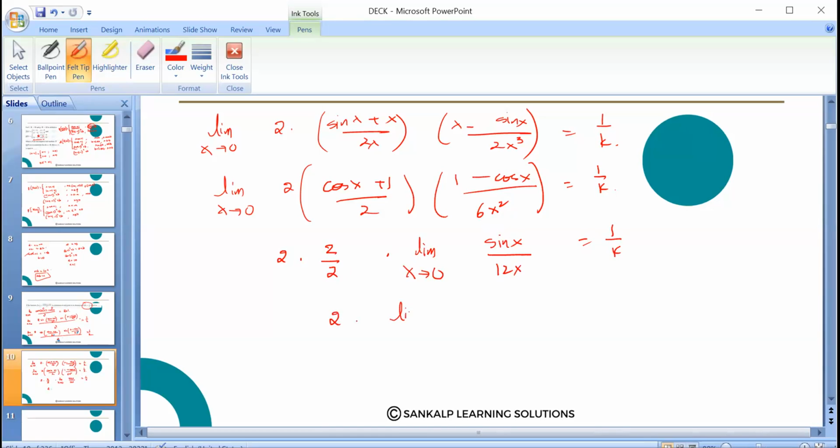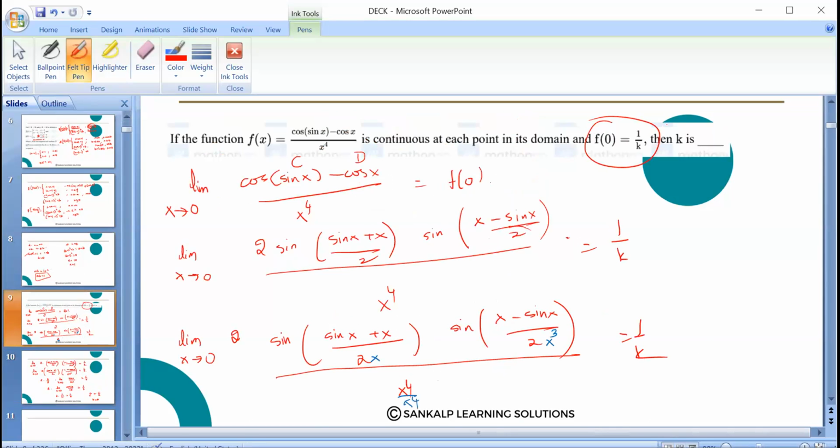So here 2 into limit, apply L'Hopital's rule, cos x by 12 equal to 1 by 2. 2 into put cos 0, 1 by 12 equal to 1 by 2. Or we have 1 by 6 equal to 1 by k. That means k is 6. So the value of k will be 6.